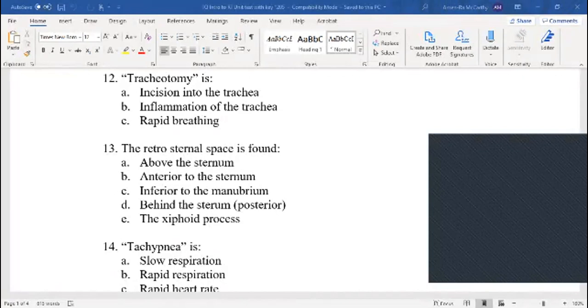Christian, okay. Retrosternal space is found where? Above the sternum? What's retro mean? Above the sternum would be suprasternal.